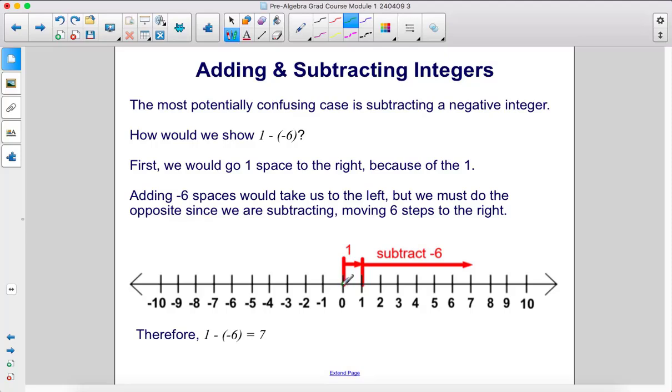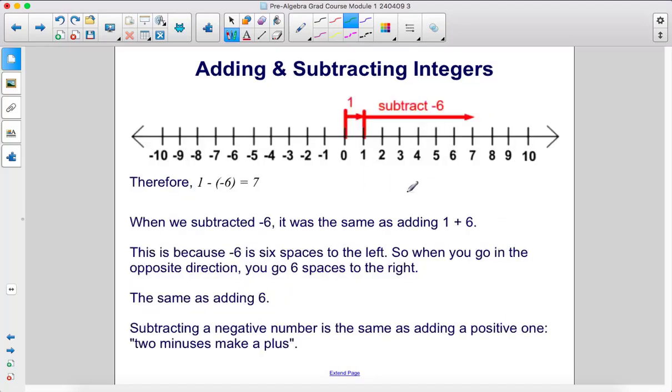We start at 0. First, we go 1 space to the right because of the 1. But then, adding negative 6 would take us to the left. However, we must do the opposite since we are subtracting. Therefore, we end up moving 6 more units to the right. Therefore, 1 minus negative 6 is 7.